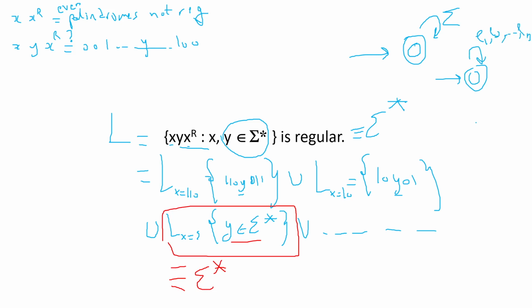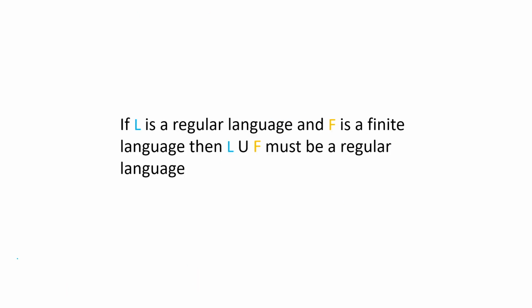So the trick is, when x is nothing, you're left with y, and y can be anything, so you get everything. So it's actually true here. Be very careful when you read the problems.